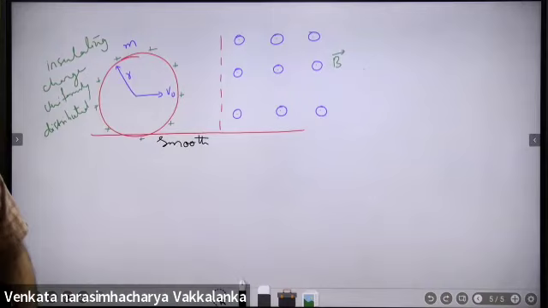Did you write down the statement? Find the charge on the ring so that it starts pure rolling after it completely enters the magnetic field.